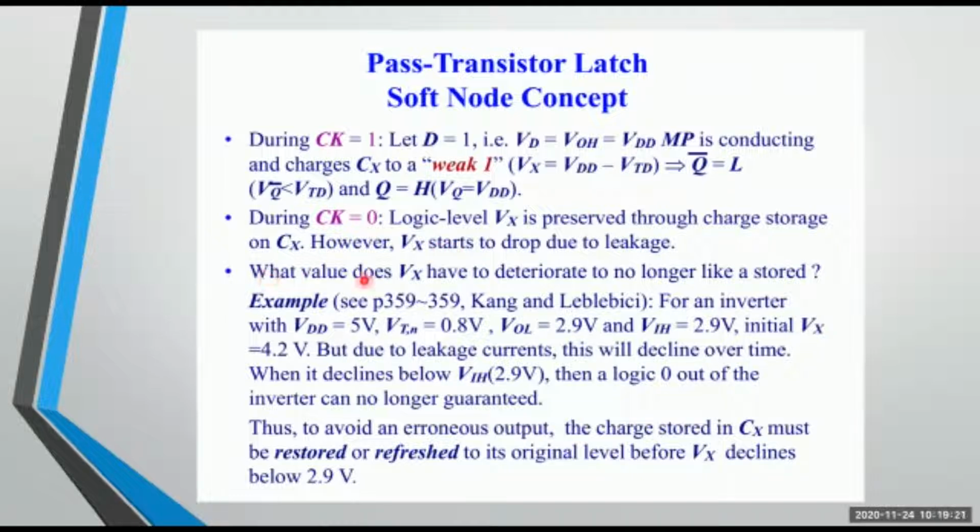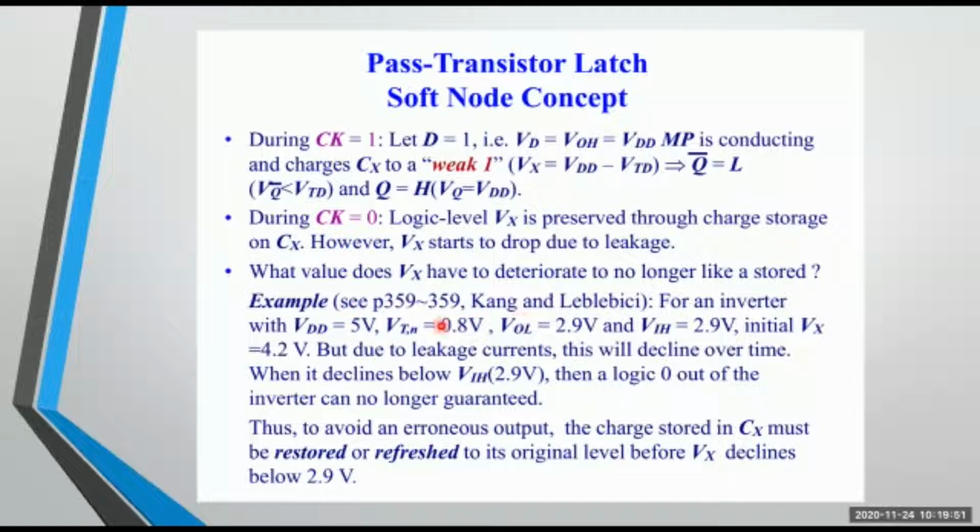So what value does Vx have to deteriorate to so that it no longer holds the stored value? Means if earlier an approximate logic high is stored, to what extent can it discharge or deteriorate while the capacitor still holds the value? This example is taken from the book by Kang and Leblebici, and you can see the page number also.